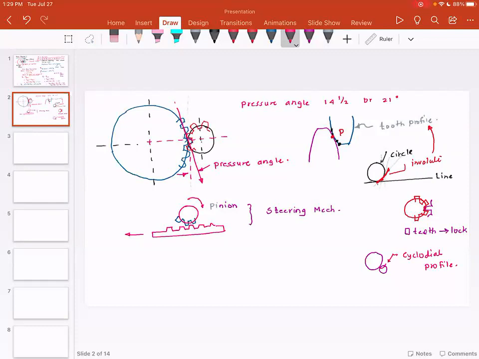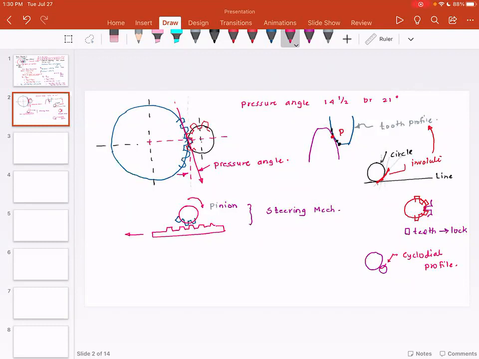And we want to achieve a couple of things with the pressure angle. So if you think about the pressure angle, this pressure angle takes place or comes into picture because the profile is not a straight line, it's an involute profile.